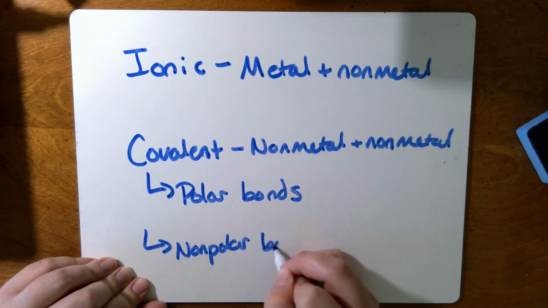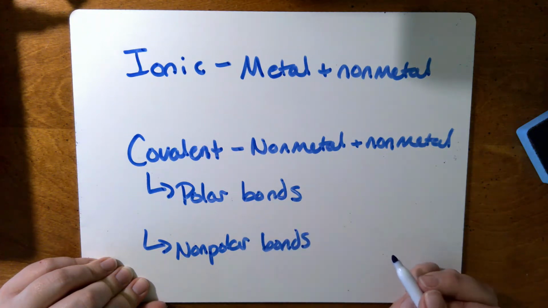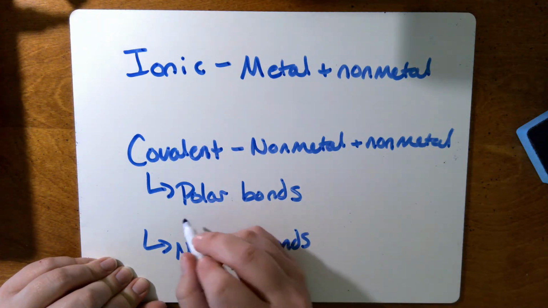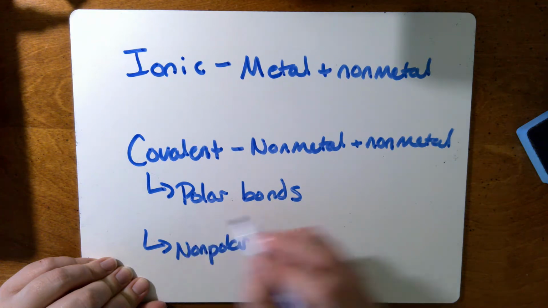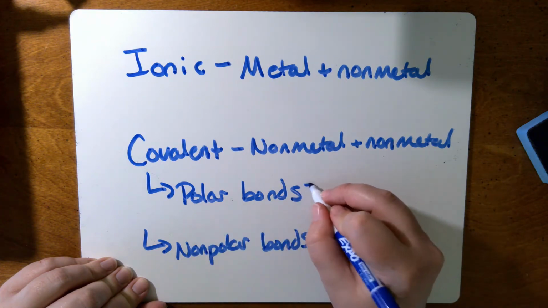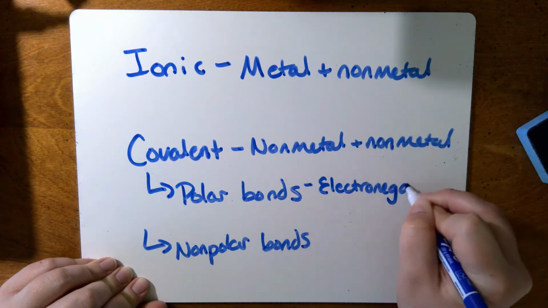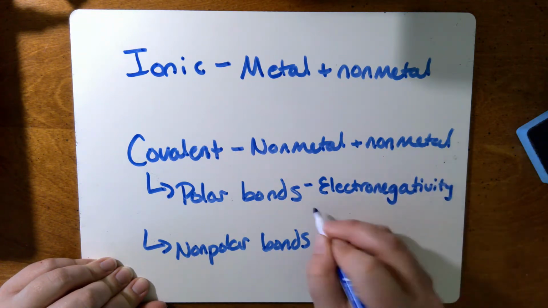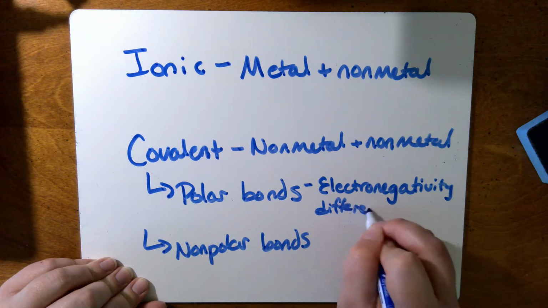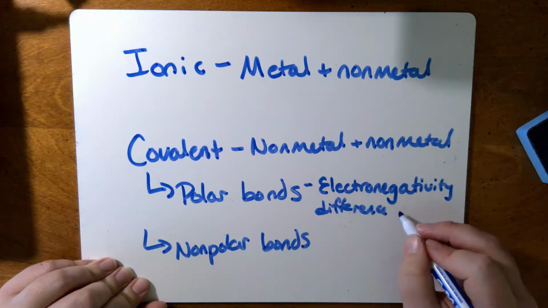Now, polar bonds exist when I have an electronegativity difference of greater than 0. Now, you might be like, well, how on earth am I supposed to know that?